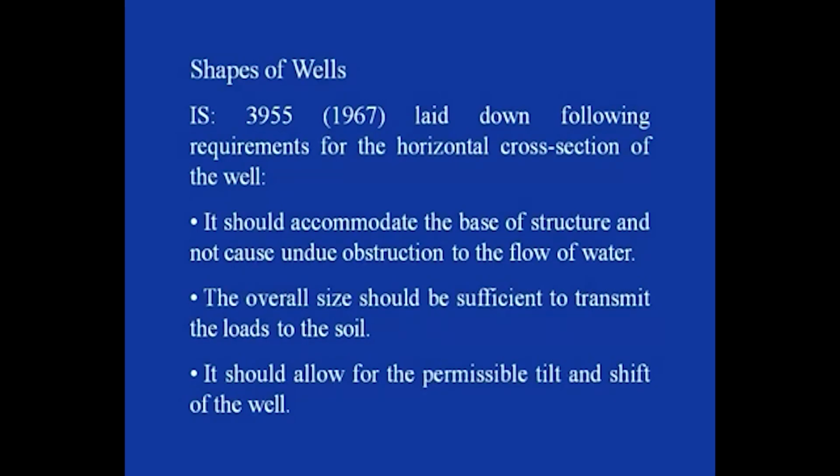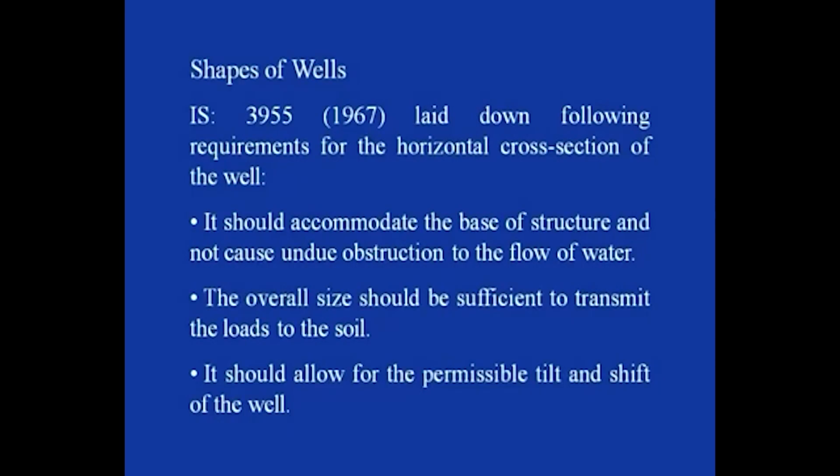That means the overall size of the well should be adequate so that it is able to transfer the whole of the load onto the soil. Another thing is that the IS code has specified the amount of permissible tilts and shifts in case of the well. So the shape of the well should be such that it allows for the permissible tilts and shifts of the well.